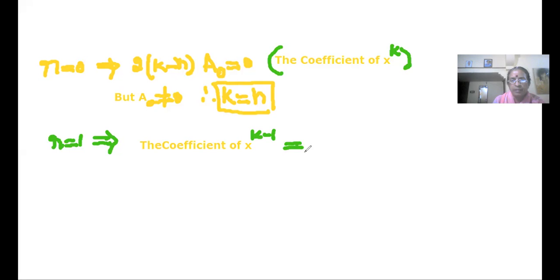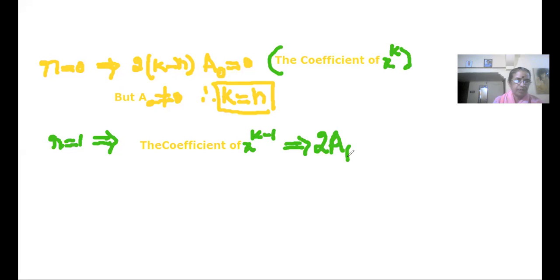So when you compare this, previously it was x power k only. Now we are going to compare x power k minus 1. Then the above equation becomes 2 times a1 instead of ar. What is the coefficient?